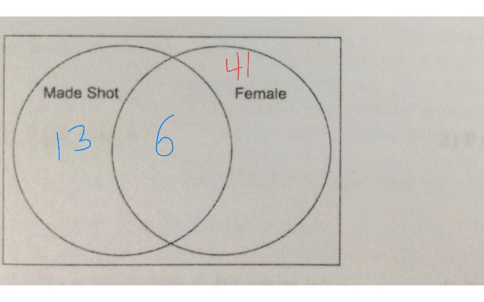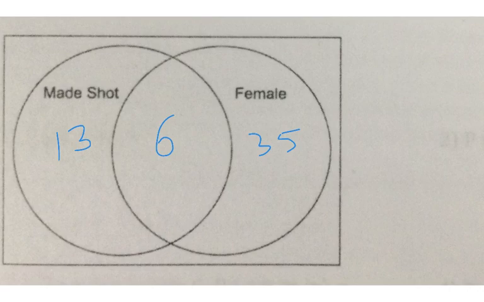Same thing going on here. This has to be all the females, and has to add up to 41. There are 6 females who made the shot. So how many females are out here? You could just subtract to find that. Now remember, what does the whole box represent? Everybody. It's everyone in our sample space, or everyone in the universe.